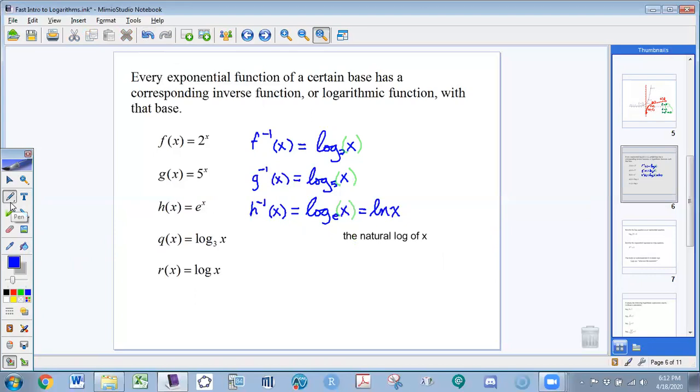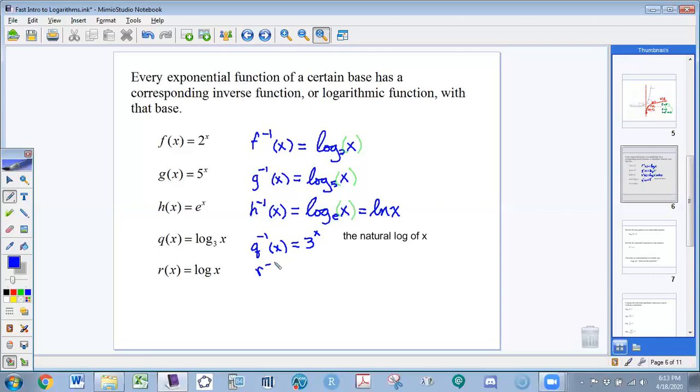Not only do the exponentials have a corresponding log, but all of the logs have a corresponding exponential that are their inverses. So if q of x equals log base 3 of x, then the inverse of q is the 3 to the x exponential function. And if r of x equals log of x, now that's a curious thing there. There's no base on it.